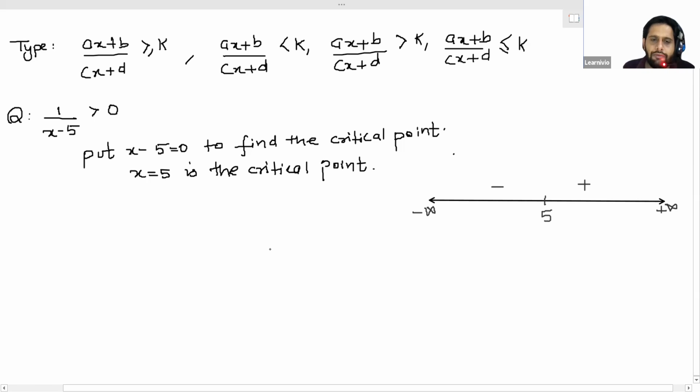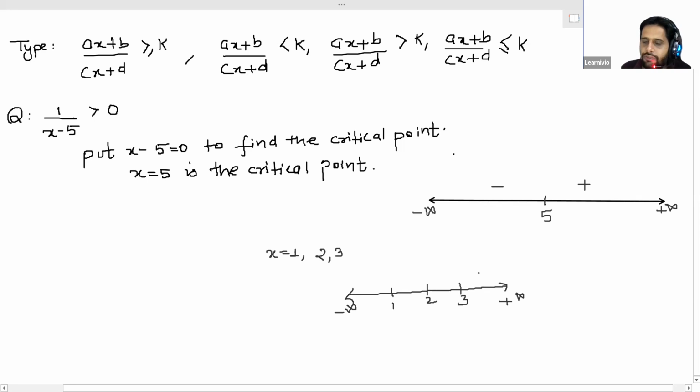What does that mean? For example, suppose we have a question with the critical points 1, 2, and 3. We draw the number line, with minus infinity and plus infinity, and write the points 1, 2, and 3.